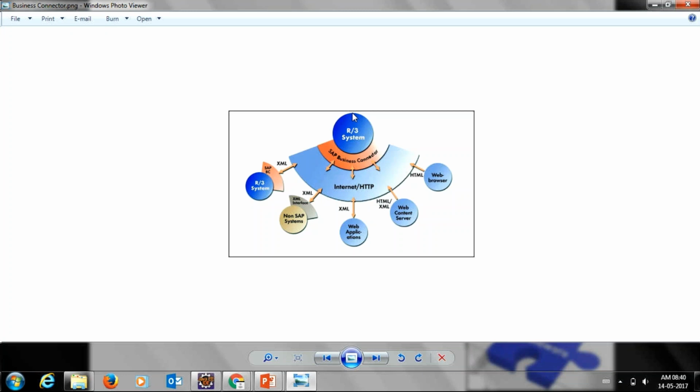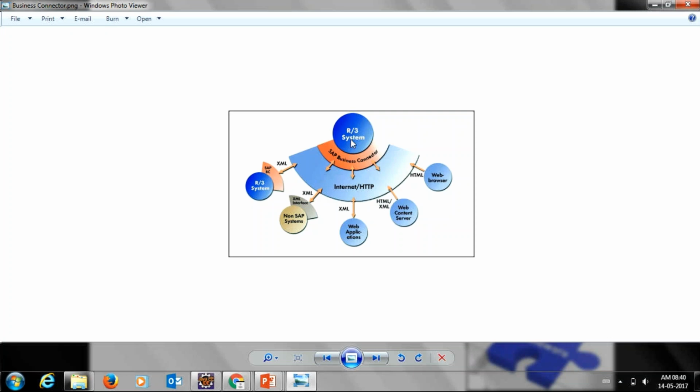If you remember the name of your ECC, which we say right now, ECC 6, earlier it was named the R3 system. Okay, R by 3 system. So it was the same name. SAP has the tendency to change the name after each release.